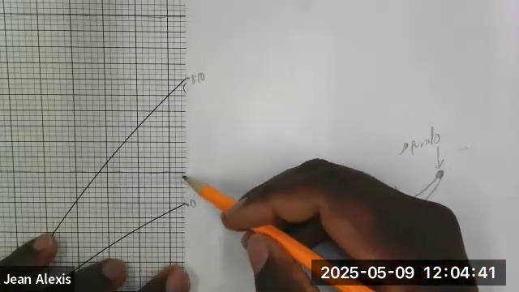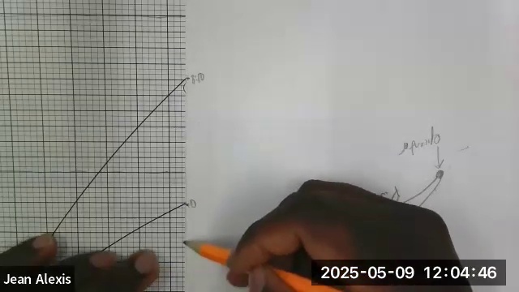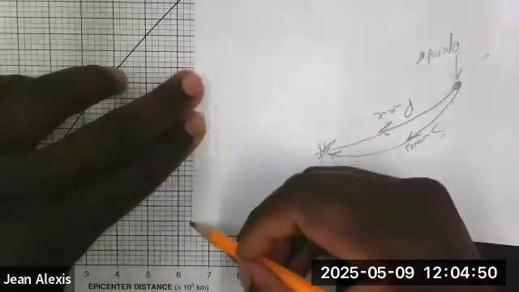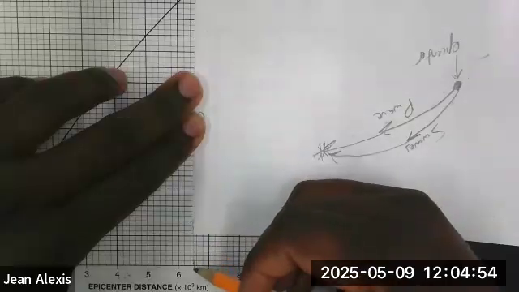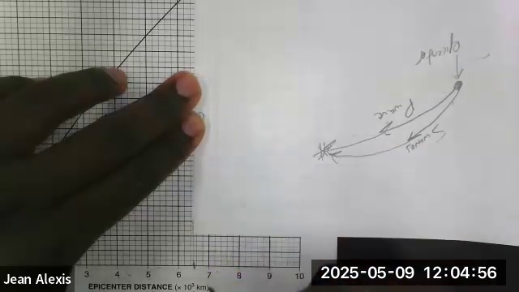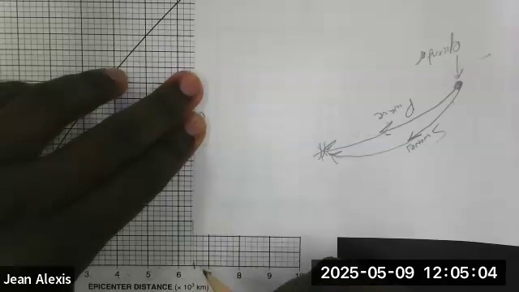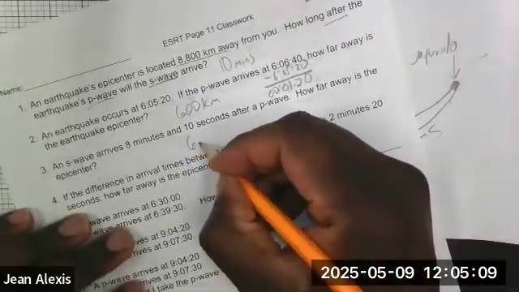All right, so when I've done this and I go straight down, you'll notice it gets to the point right around here. So when I look, I see 6,000, 2, 4, and halfway between 4 and 6. So 6,500. So 6,500 would be your answer.